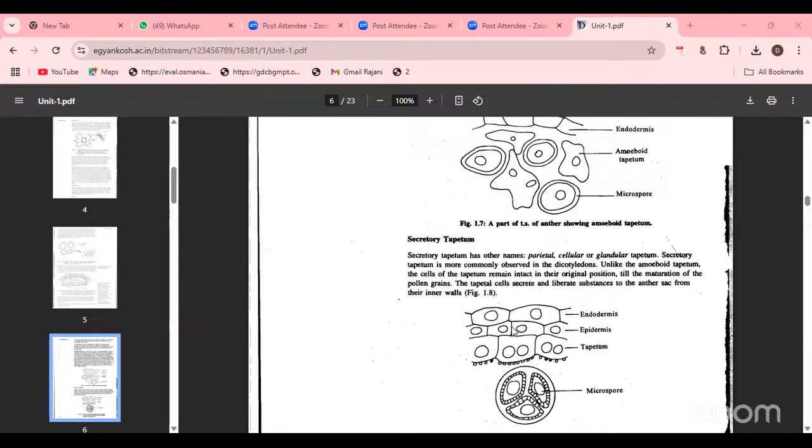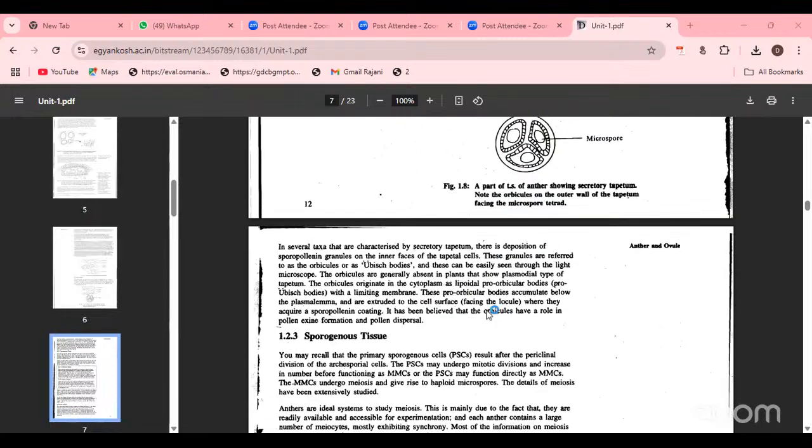Unlike the amoeboid tapetum, the cells of the tapetum remain intact in their original position till the maturation of the pollen grain. The tapetal cells liberate substrates to the anther sac from their inner walls.